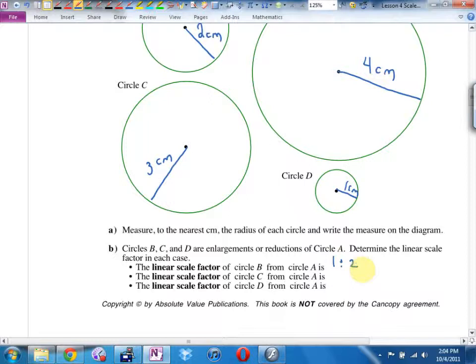Circle A to circle C is 2 becomes 3. And going in the other direction, every 2 became 1 if I'm going from A to D. And yes, Danielle, you could say 1 to 0.5. But to me, 2 to 1 ratio is way easier to do math with, too.